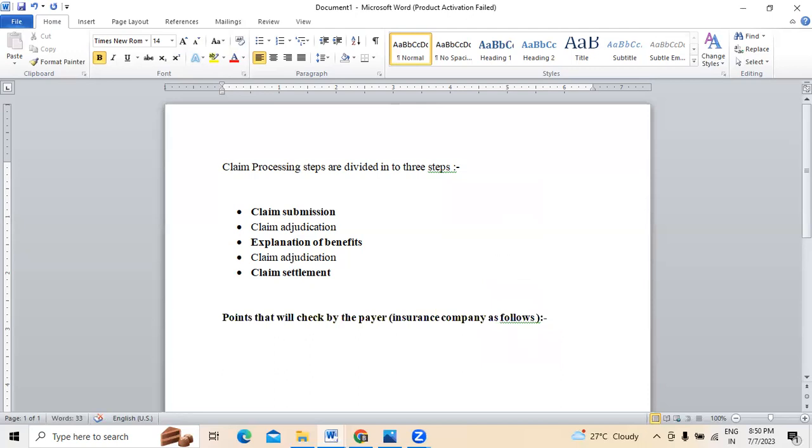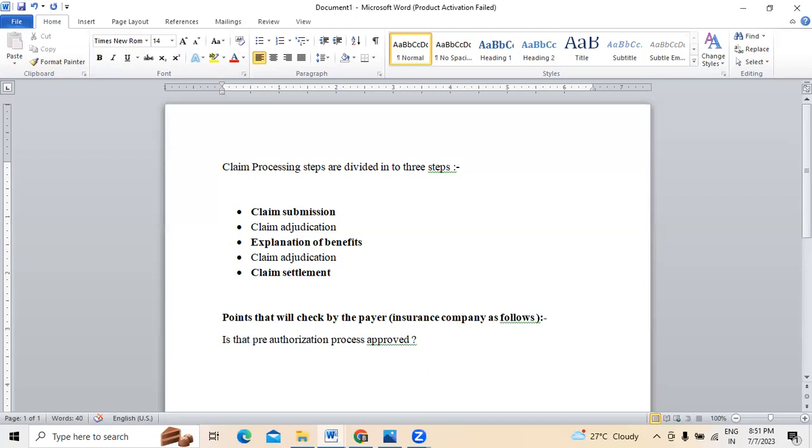First of all, is the pre-authorization process approved or not? First point. Because the pre-authorization process has to be approved based upon the validity, benefits, etc. Am I right? So whether the pre-authorization process is approved or not will be cross-checked by the insurance company.